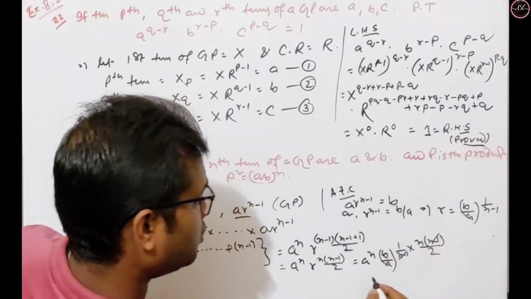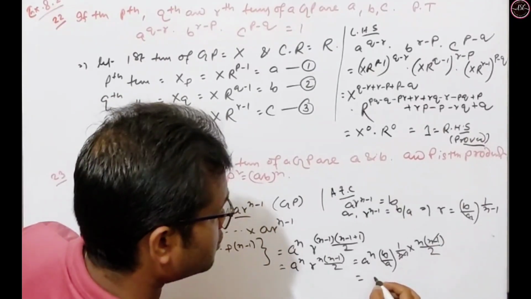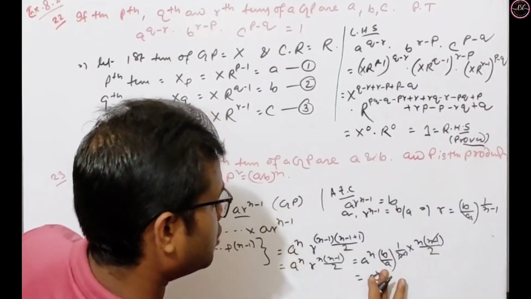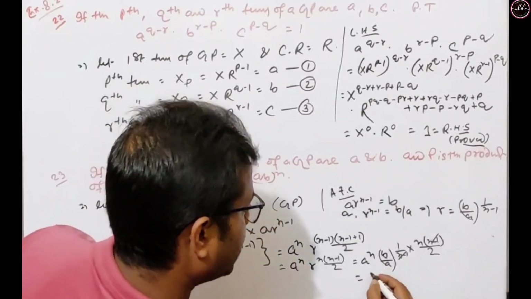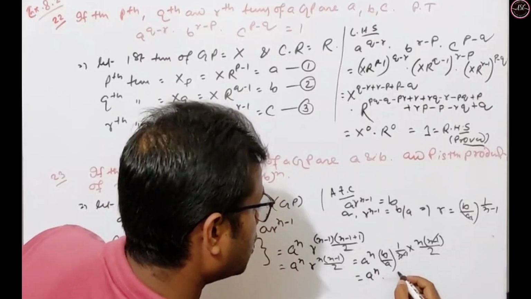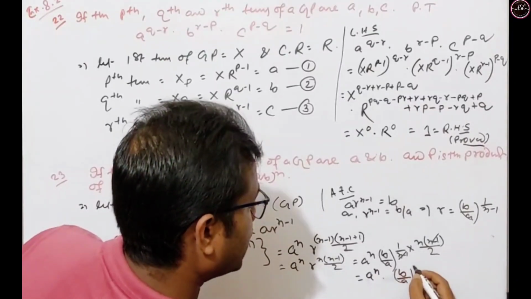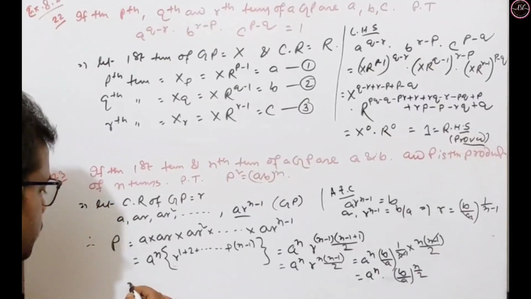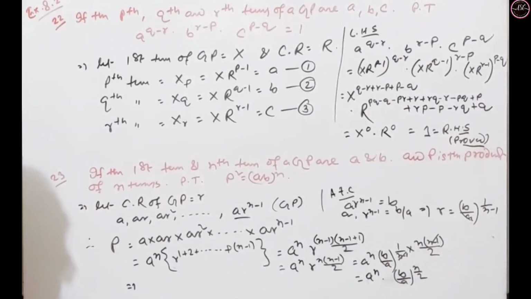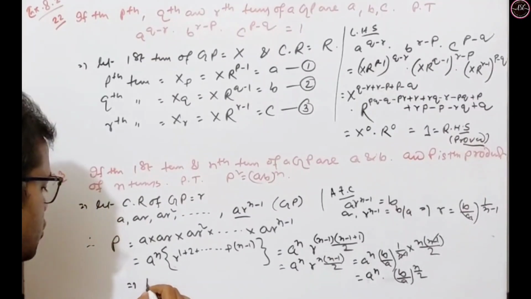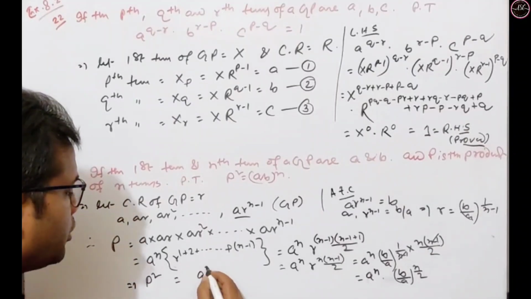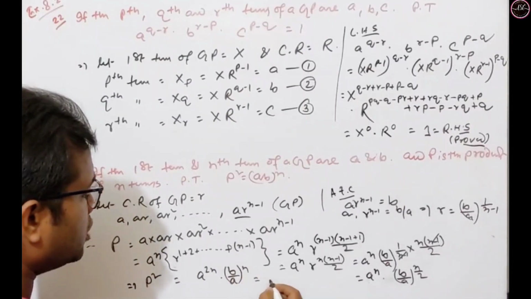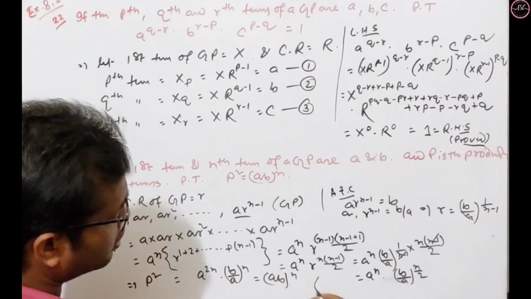Just cancelling out, we get A to the power n into (B by A) to the power n by 2. If we square both sides, P square equals A to the power 2n into (B by A) to the power n. So this is the proof.